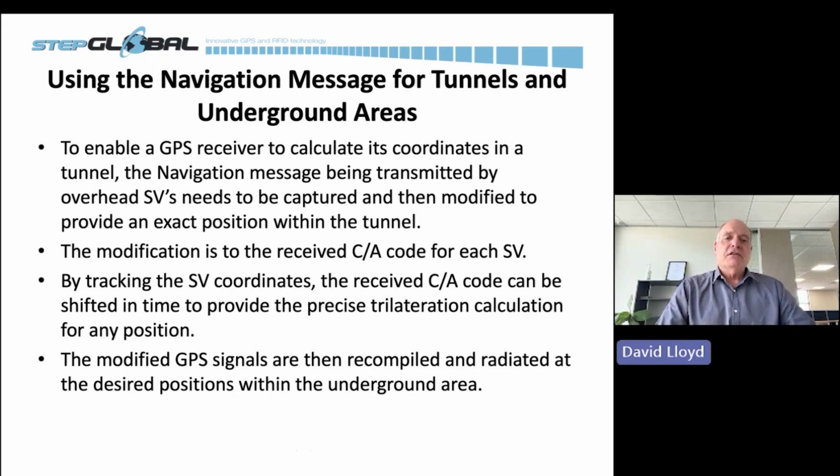So by tracking the SV, which stands for space vehicle, by the way, and the satellite coordinates, the received CA code can be shifted in time to provide the precise trilateration calculation for any position. So once we do that, we recompile and then we can radiate throughout the area of interest.